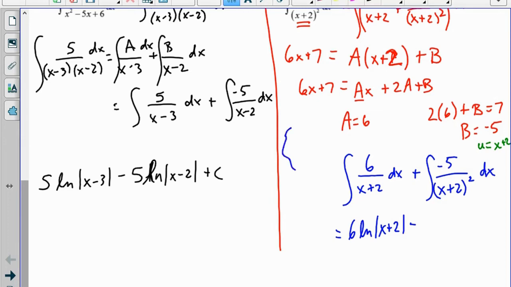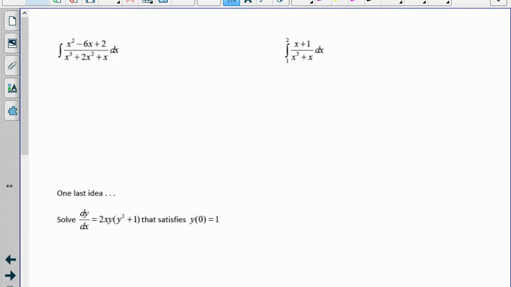So I'll do this kind of in a thought bubble over here. If I have the integral of 1 over u squared, that ends up being negative 1 over u. So negative 5 over x plus 2 squared, the integral of that is going to be the opposite. So that's plus 5 over x plus 2. So that is the answer for that second thing.